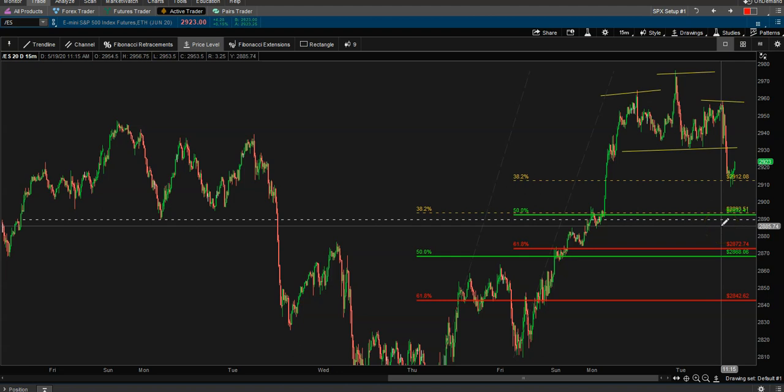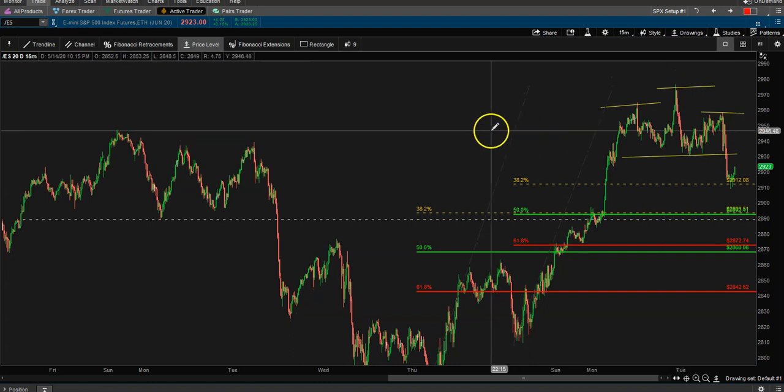So these are just different ways to look at price action, market structure, how to incorporate your fib extensions, also with potential Fibonacci retracements, okay? These are more for potential swing trades or longer term trades, where you're looking for bigger moves.